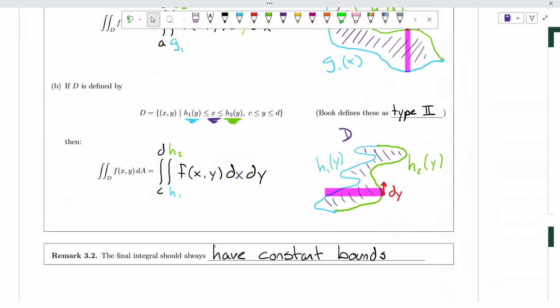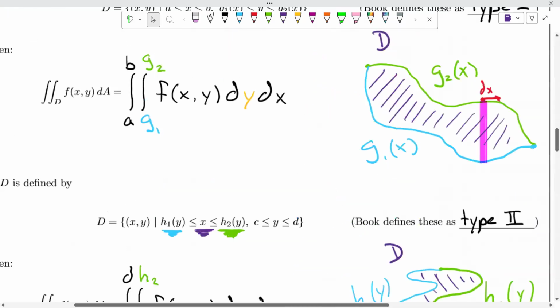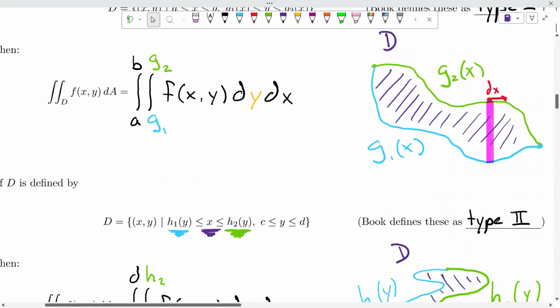Those are just going to be numbers. So the second integral should always come back to just integrating between two numbers, assuming I'm doing a definite integral, which is the type that we're looking at right now. Same with the integral above it. When I got to dx, I was just working between a and b for that second integral. I'll always come back to constant bounds.